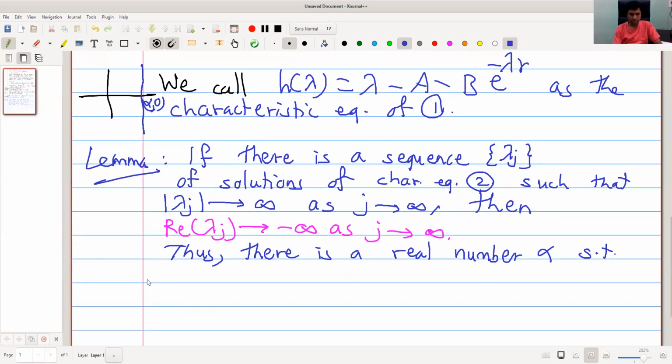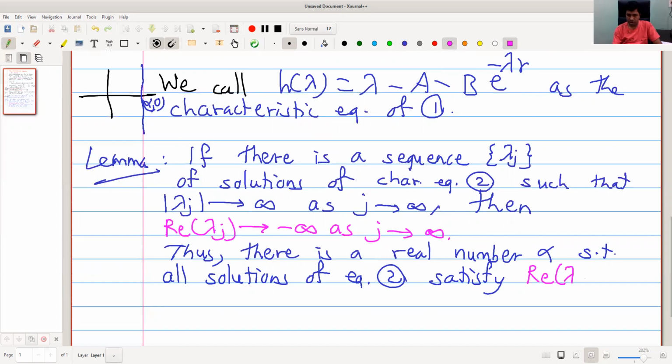all solutions of characteristic equation 2 satisfy real part of lambda less than alpha.